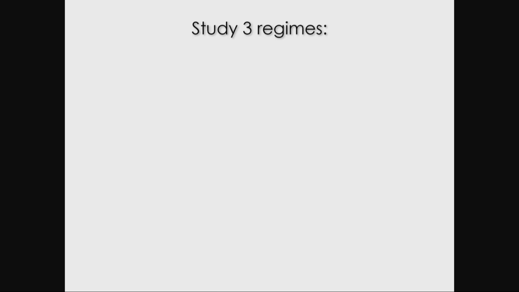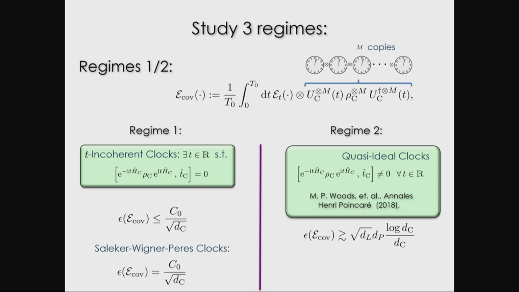So we studied basically three regimes. The first two regimes one can characterize of this form where the clocks are just m copies tensor producted together. And in the first regime we looked at the case of what we call T-incoherent clocks, meaning that there exists some time such that in the periodic orbit of the clock it must commute with the time operator you use in the decoding.